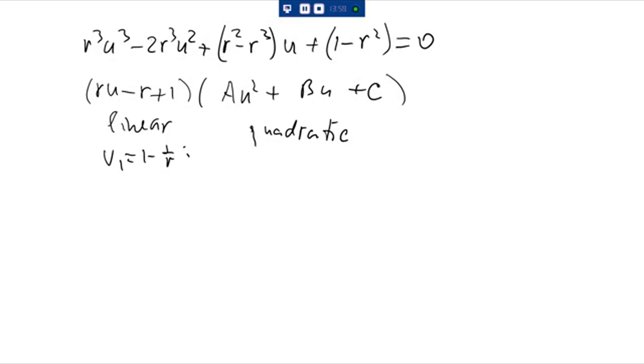Easy to see that a should be equal to r squared, because this term times this term should give this. And we will conclude that a is r squared. Also, this term times this should give this. And from here we conclude that c equals r plus 1.